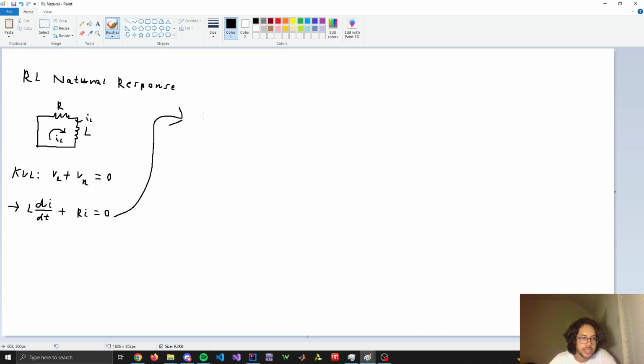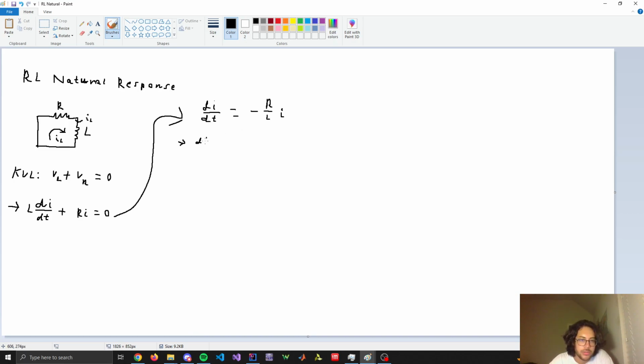You can also solve it by separation of variables. So this becomes di over dt equals, dividing by L and subtracting Ri, negative R over L times I. Then I multiply by dt and divide by I on both sides.